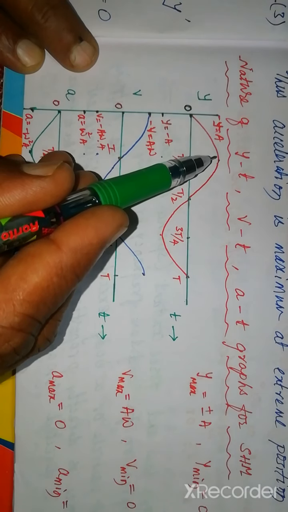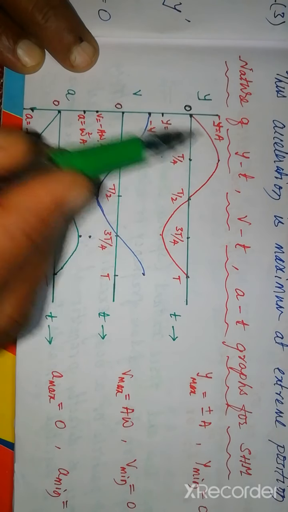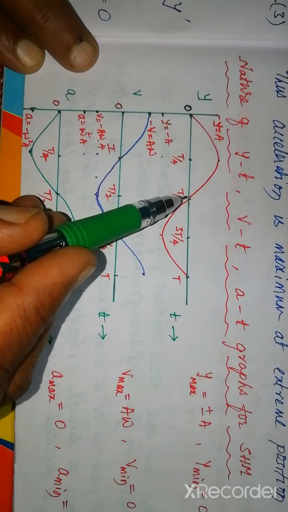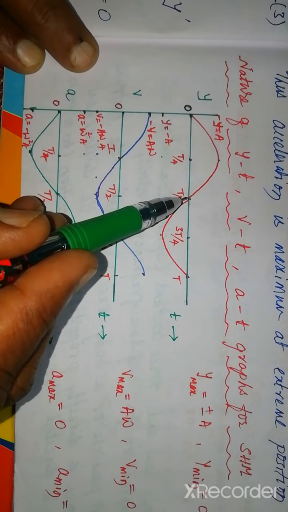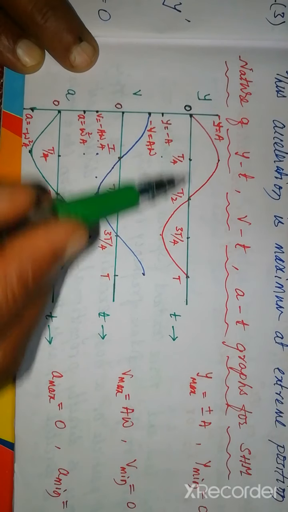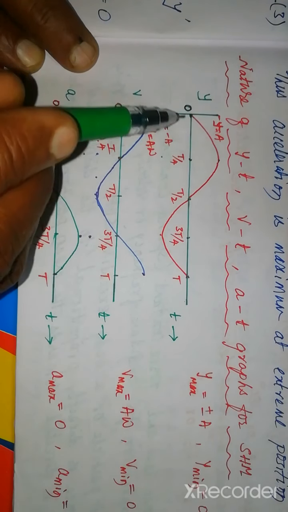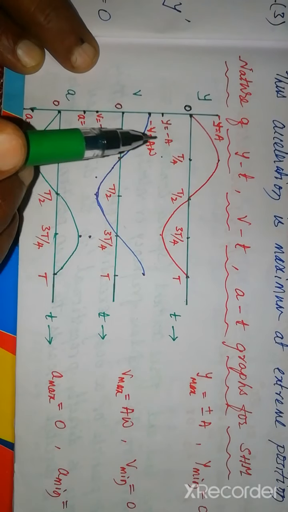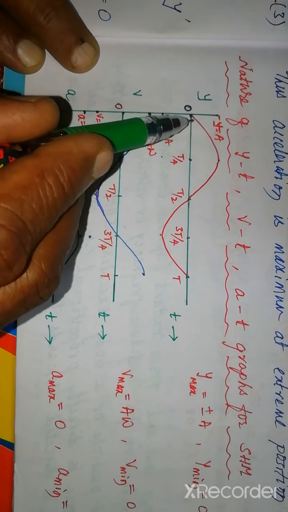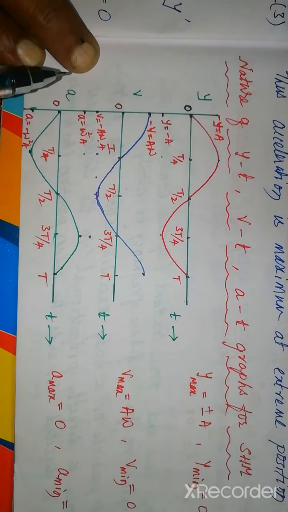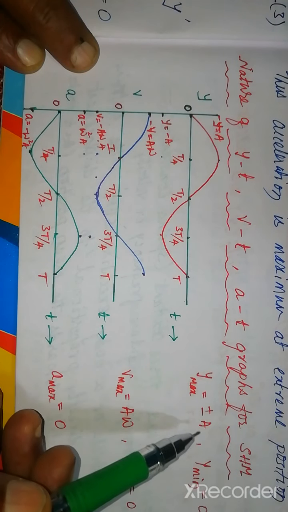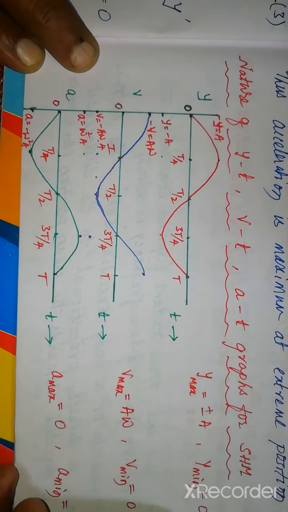Displacement is maximum at the extreme position, and displacement is 0 for a particle executing simple harmonic motion when the particle is at the mean position. So this is the graph pertaining to the equation y equals a sine omega t. It is a sine curve. So y maximum is plus or minus a, y minimum is 0.